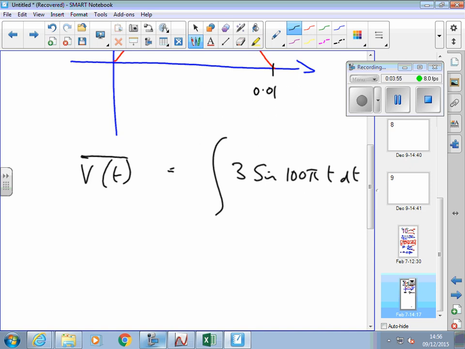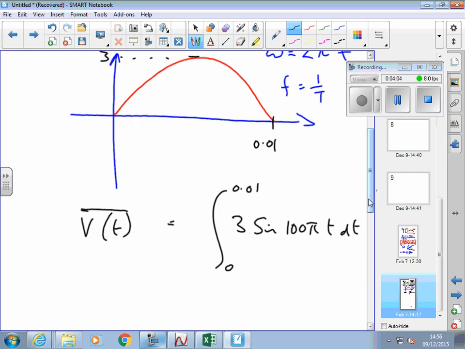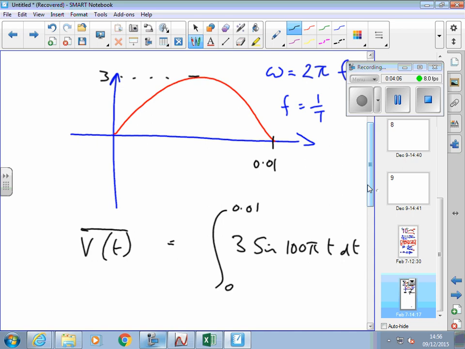But I need to find the area between the limits, which are 0 and 0.01. So that's how I find the area. Look at it and compare it with the sketch to see where it comes from.